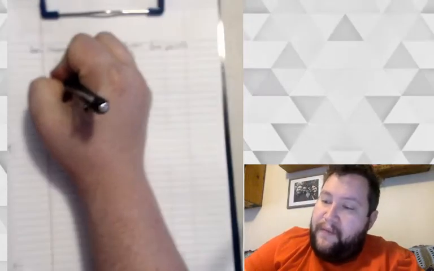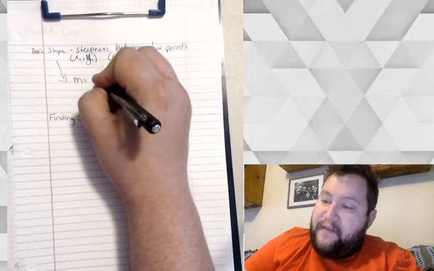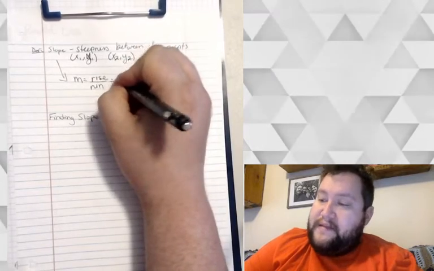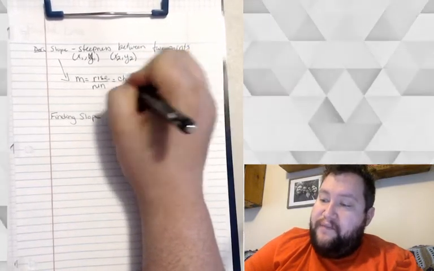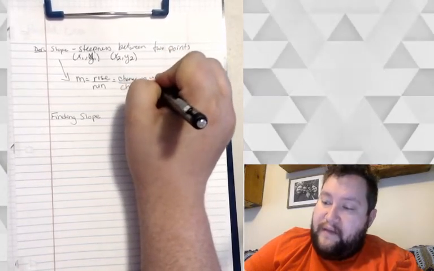So slope we say is the rise over the run. That's the change in y over our change in x.